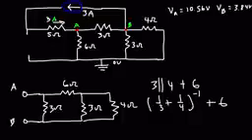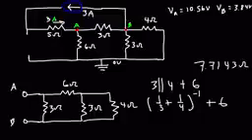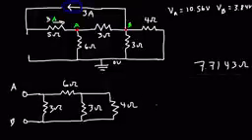So the equivalent resistance, let me do that again. The equivalent resistance of these 3 resistors is 7.7143 ohms. So now we can set up our current divider circuit.